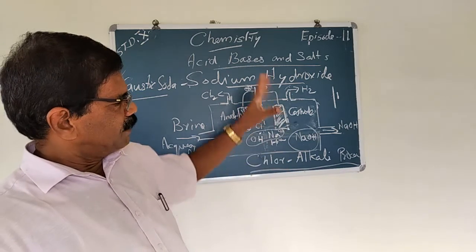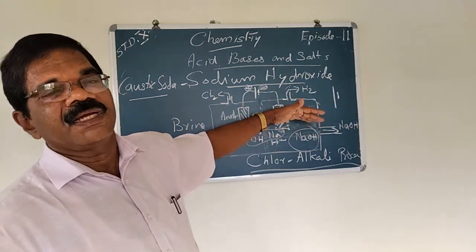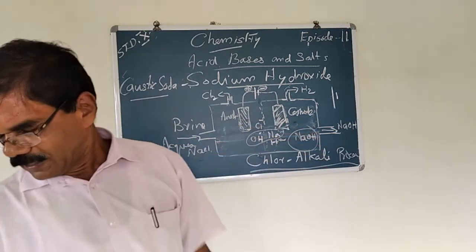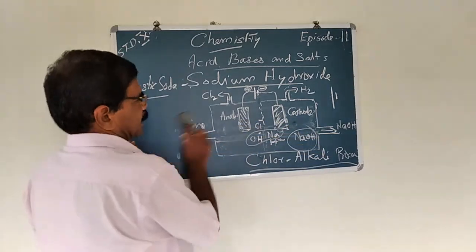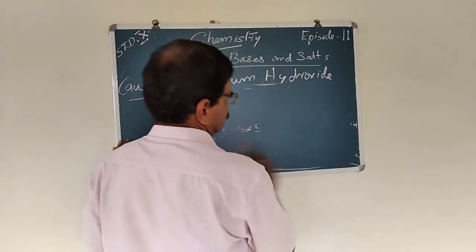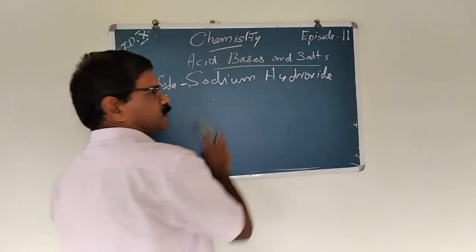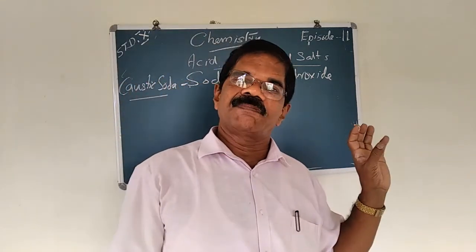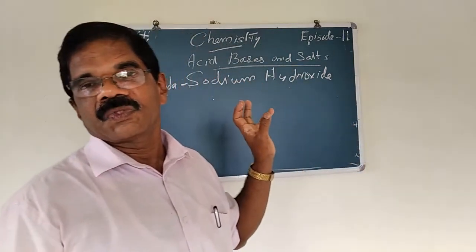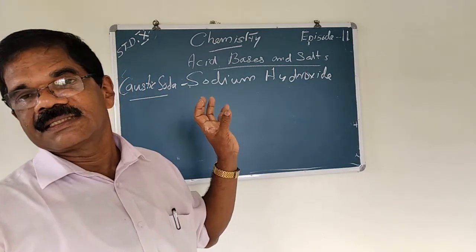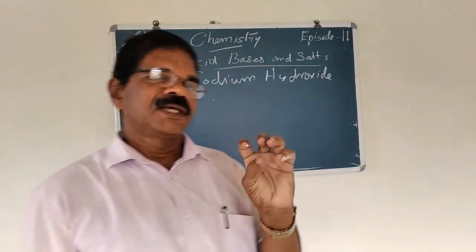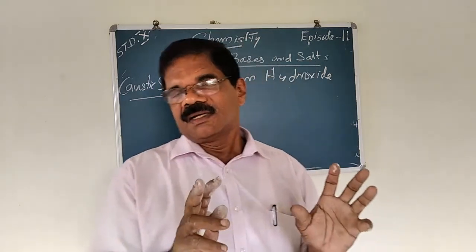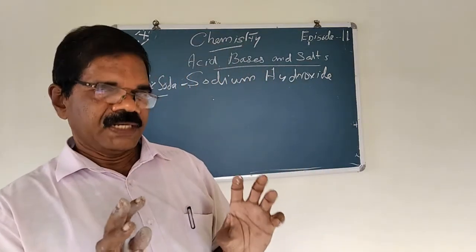So we get the sodium hydroxide at the bottom of the electrolytic cell. Then what are the uses? Sodium hydroxide is used in the manufacture of paper, soap, detergents, etc. The main ingredient of soap is sodium hydroxide.